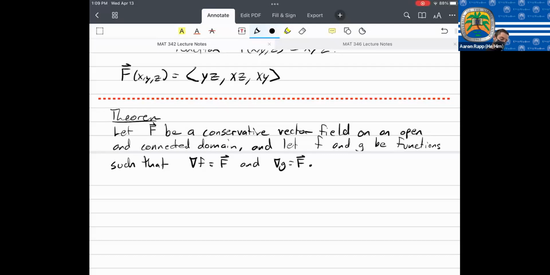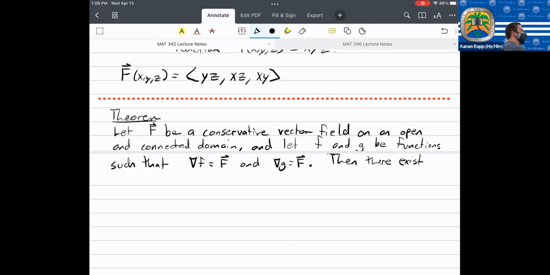If that's the case, then I can say something pretty important about those functions f and g.